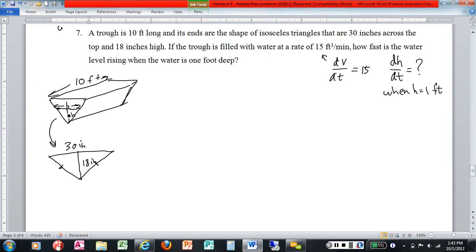What shall we do? Well, we need an equation. Does anybody know an equation for such a shape? But when you have this shape, do you notice here I've got this cross-sectional area? When you have a shape like that, the volume is going to be the cross-sectional area of that triangle times the length.